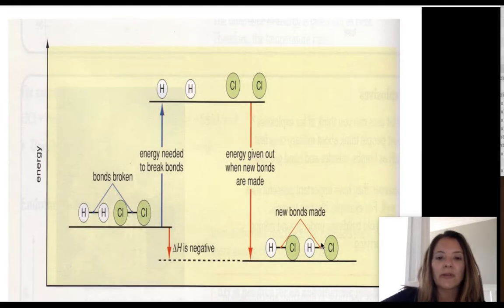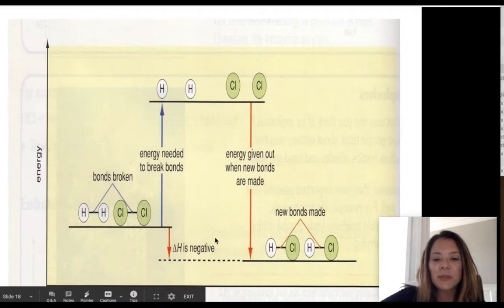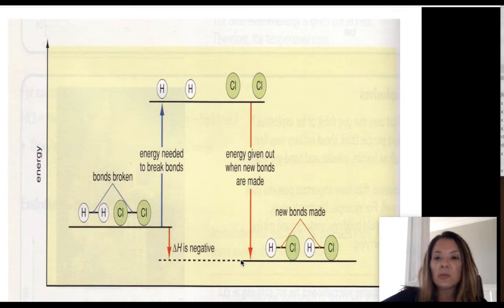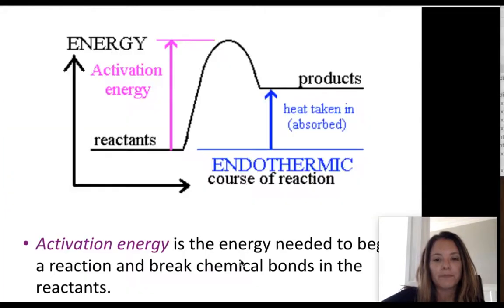Output is greater than the input. And so the difference between these 2 plateaus, the difference between the potential energy of the reactant bonds compared to the product bonds, is sort of like a downward slope here. It would yield an enthalpy value that is negative, meaning an exothermic reaction.